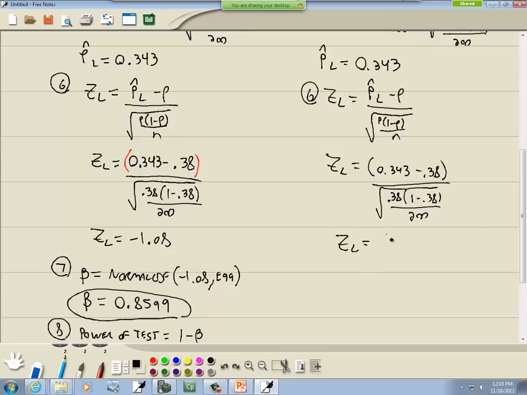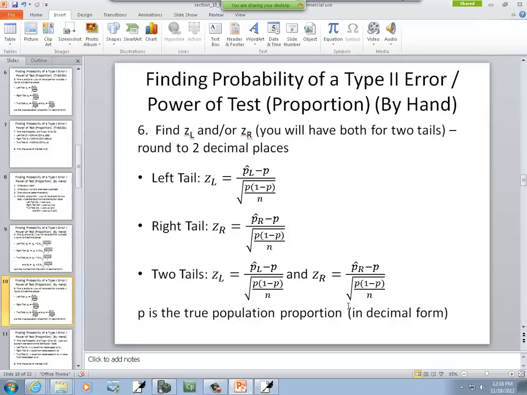So Z sub L is equal to negative 1.08 again. And again, we take it to 2 decimal places. P is a true population proportion, and so forth.